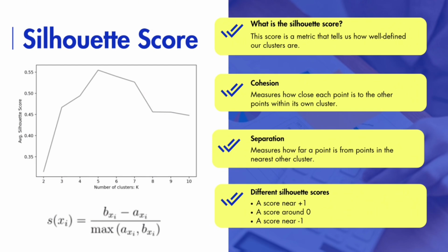However, there are a few limitations. The silhouette score works best with spherical clusters. It may struggle with irregularly shaped clusters. It may also have trouble with clusters of uneven size and densities. And for large datasets, calculating these distances can be computationally intensive.